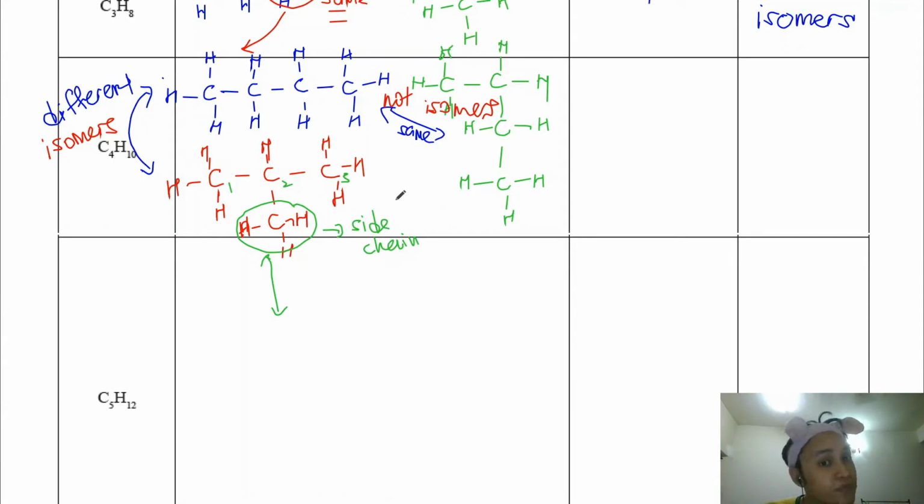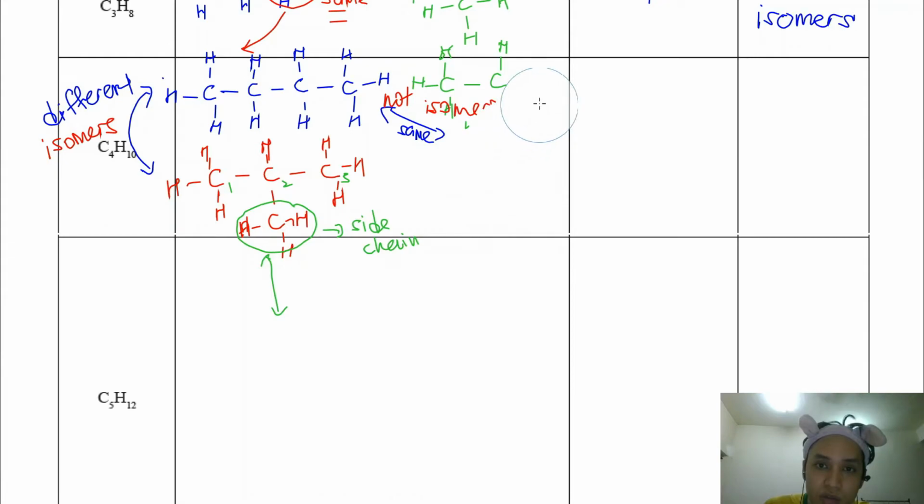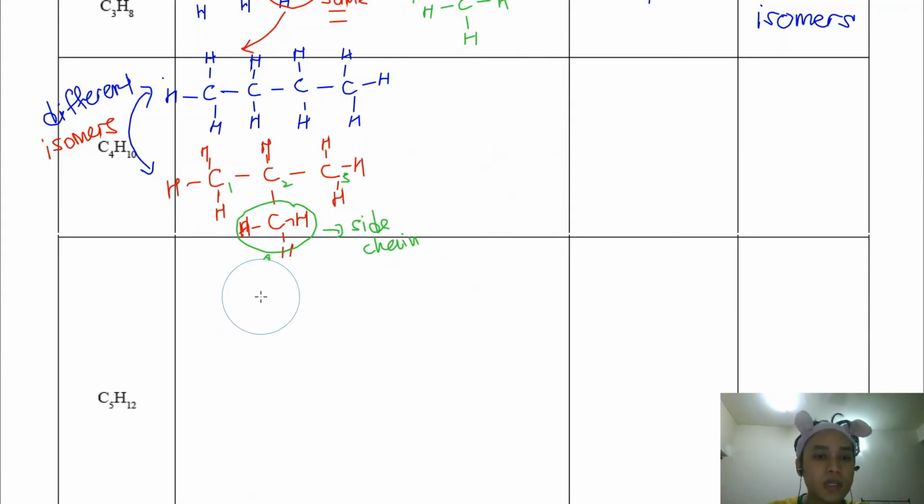I don't think so. These are the only two structures that are correct. This one is not an isomer, so remove. So these two are isomers. Here I have two structural formulas. You must have at least two different structural formulas to be considered isomers.